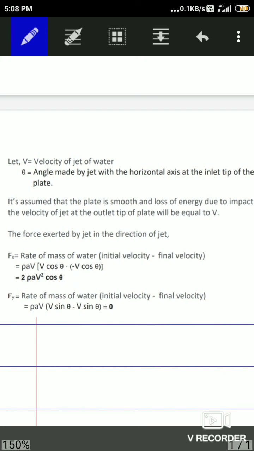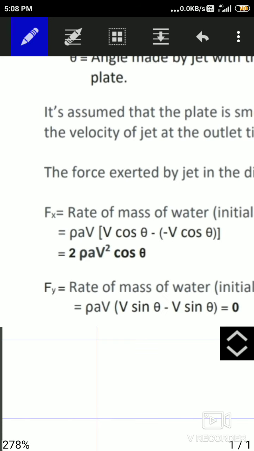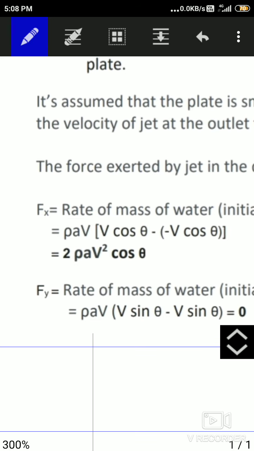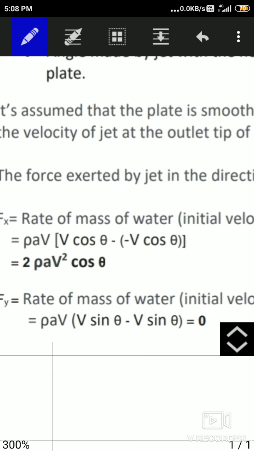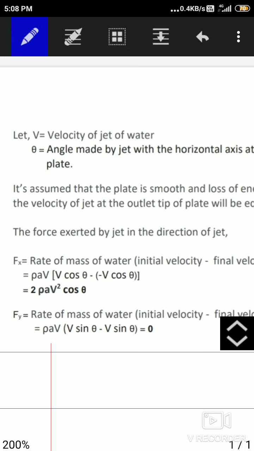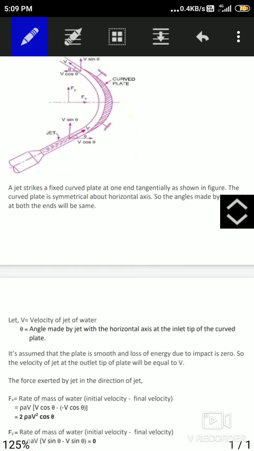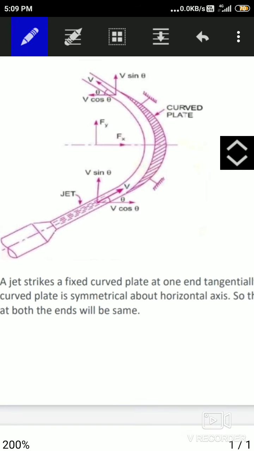We know the force exerted by the jet is equal to the rate of mass into initial velocity minus final velocity. And we know already the rate of mass is equal to rho AV. Here we have to understand the initial velocity is in which direction we want to derive the expression.